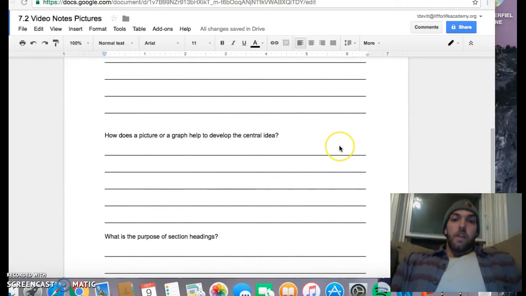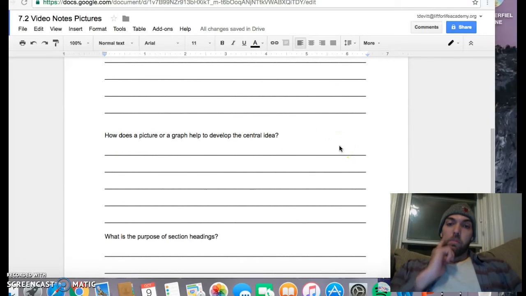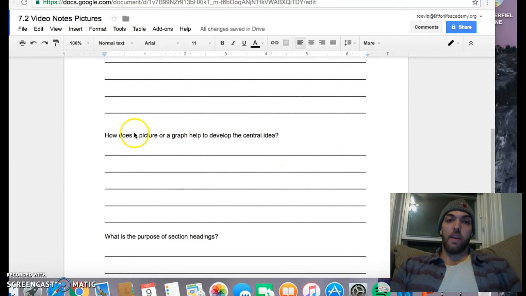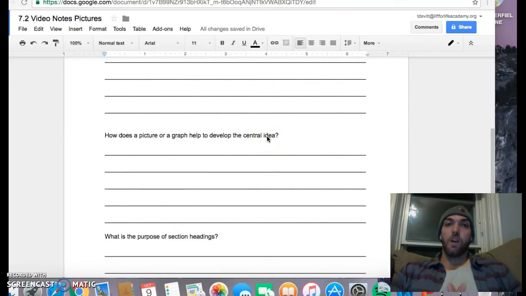So how does a picture or a graph help to develop the central idea? This is our third question. So let's take a second to think about that. How does a picture or graph help to develop the central idea? So a lot of us as learners are visual learners, meaning it helps us when we actually see it for ourselves rather than just reading it or hearing it.